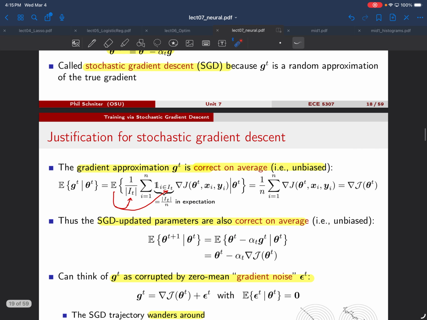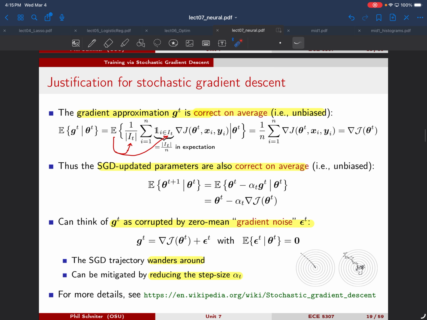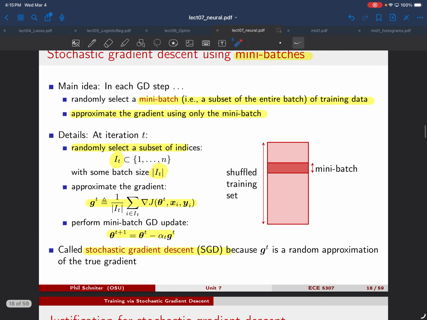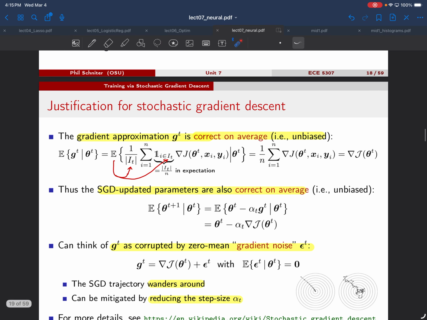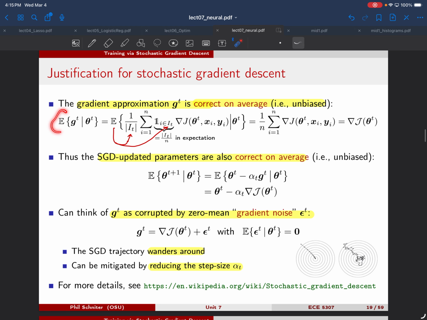Okay, and then we did a little bit of analysis of stochastic gradient descent. We looked at the expected value of the gradient. The reason why the gradient is random in this case is because we are drawing a subset of indices that defines this mini batch at random. And so we can look at what happens when we take the statistical mean over that random set of indices.